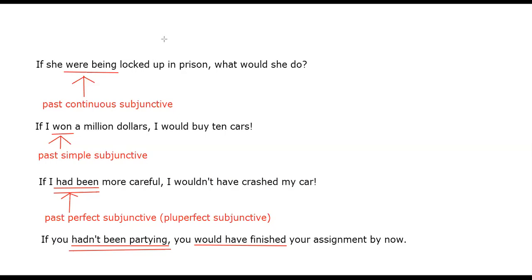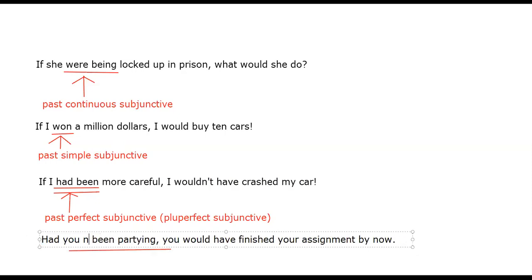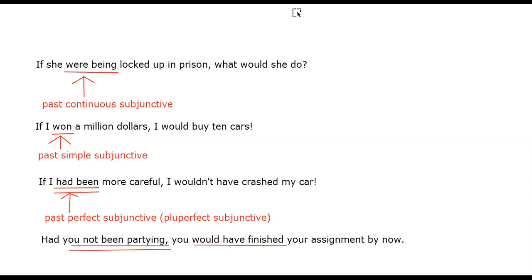And as someone else just said, we can actually invert the sentence. So you could say, had you not been partying, and we could just take the if out and then switch you and had. So let me erase this. So now we have, had you not been partying. So see how we inverted it?